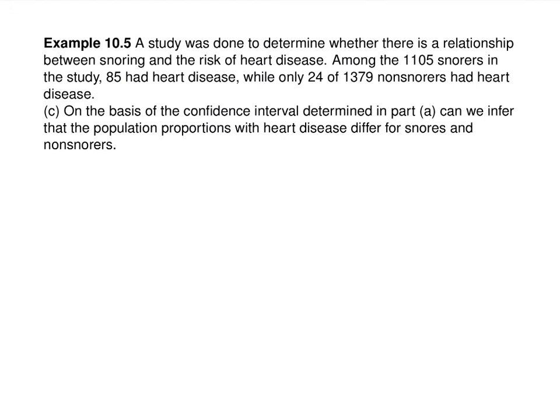So last question about this. On the basis of this confidence interval, can you infer that the population proportions with heart disease differ for snorers and non-snorers? Yes. Why? The interval does not contain 0. So no difference is not a plausible value.